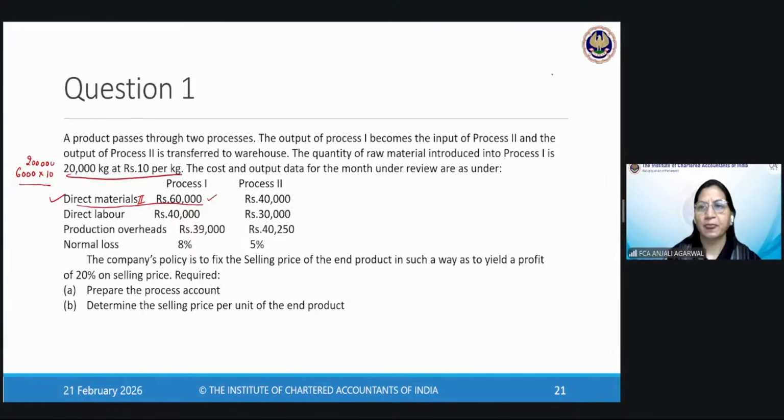So once again, like we have talked earlier, 20% on sales. But we will be aware of the cost as we are preparing the process account. So 20% on sales is 1 by 5 on sales, which becomes 1 by 4 on cost. So the profit is 25% on cost. Prepare the process accounts and determine the selling price.